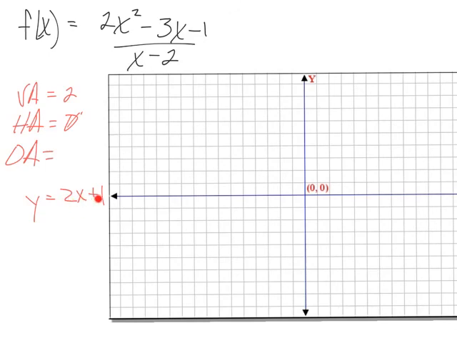So 2x plus 1 is the line of our slant asymptote. 2x plus 1 is a line that I'm just going to draw where it would pretty much go.